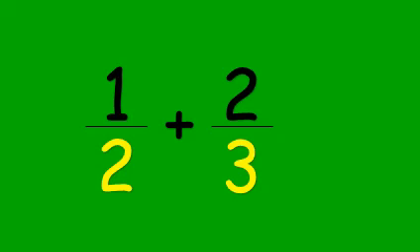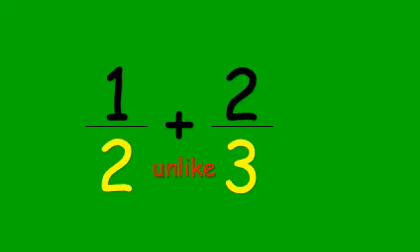Example number 1. 1/2 plus 2/3. Now pay attention as we work this problem through. As you can see, the denominators are unlike. They are not the same.